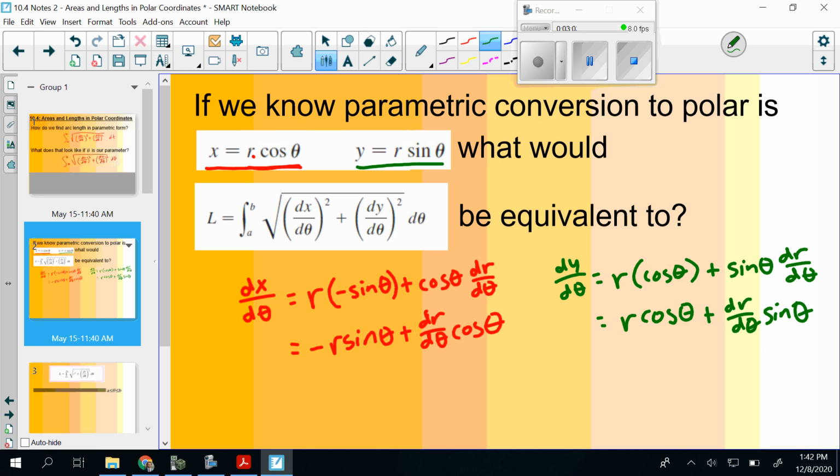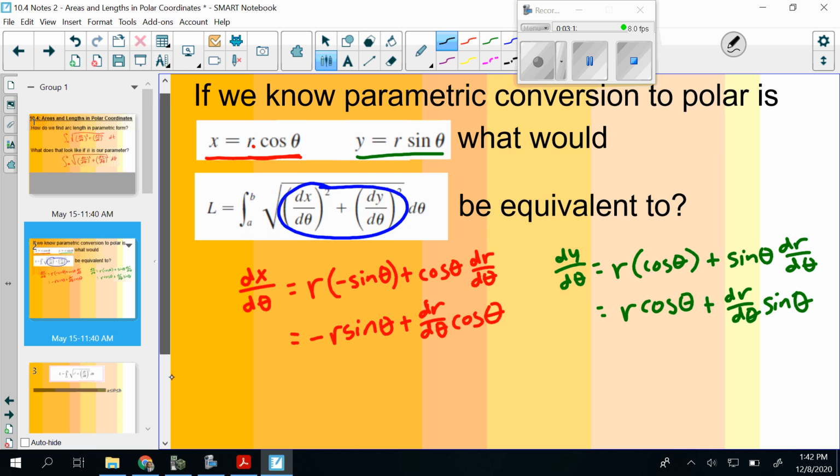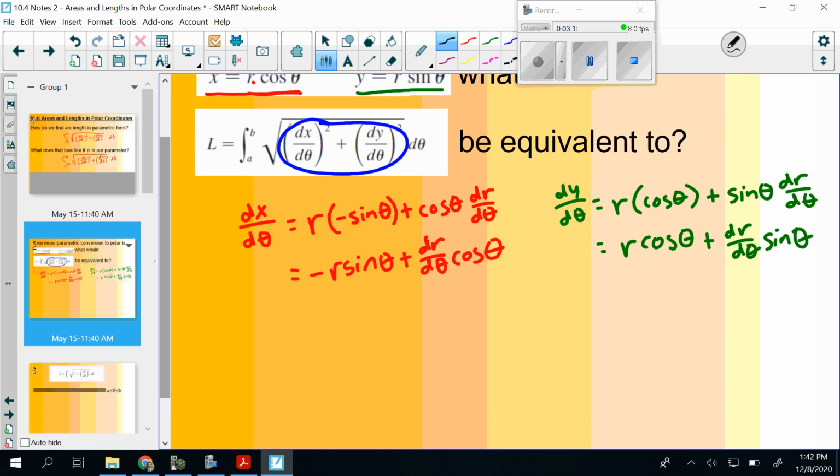All right, so what then would all this be equal to right here, the part under the square root sign? So I'm going to write that out next here. So we would have our dx d theta, which is what we got here, squared. And we know that's going to be equal to this.